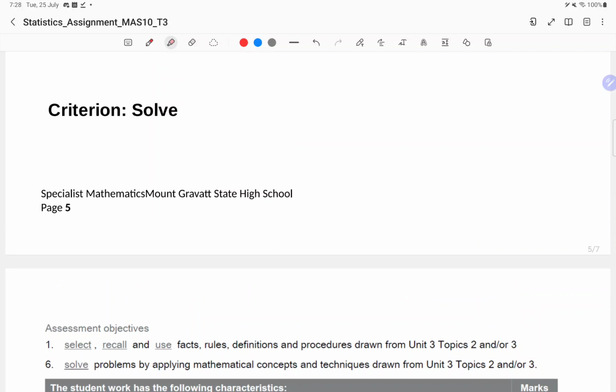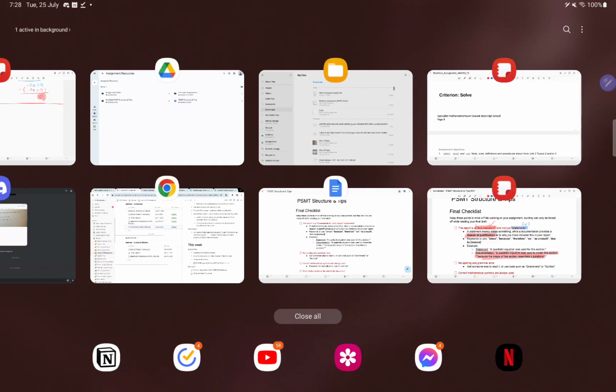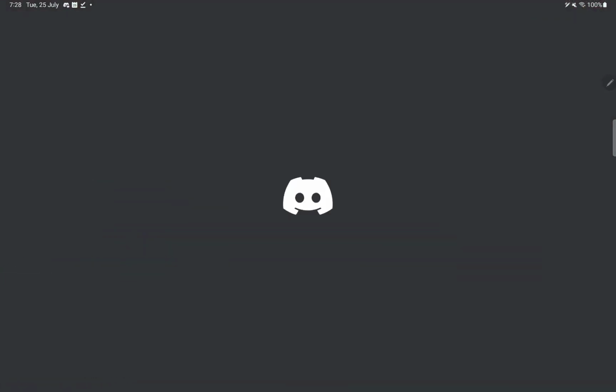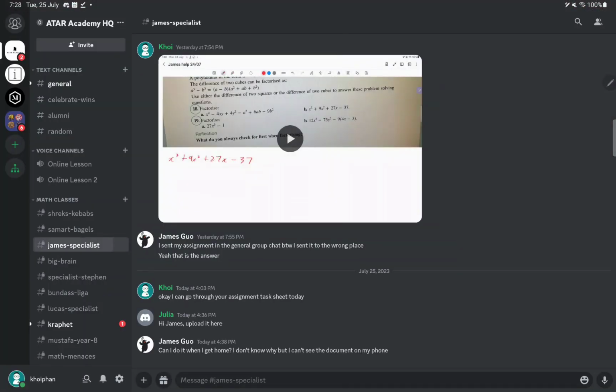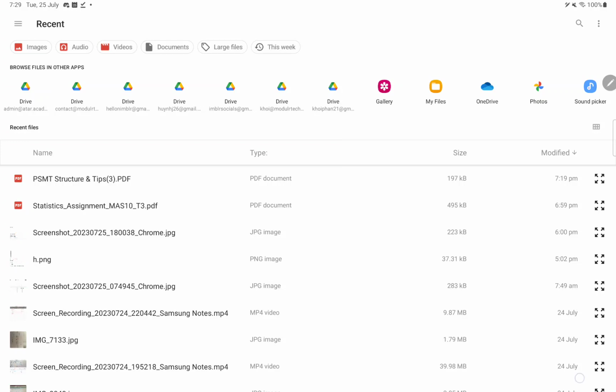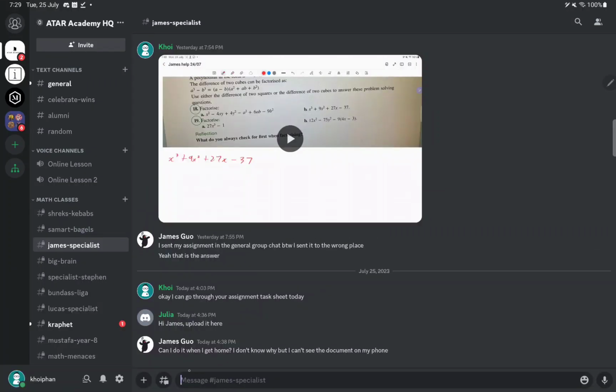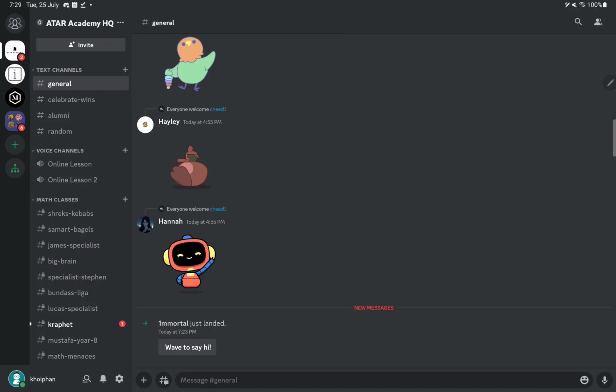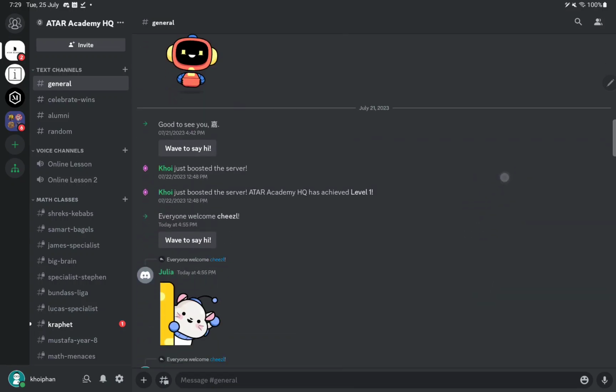How do I send files on Discord? I thought you sent. I thought I sent at the right place, but it was in general. I've got no idea. You just need to go to like James Specialist, press on the plus button here, and then you go file, and then you select whatever file. Oh, okay. So you have to go to the channel first, and then next to the messages, normally there's a button for add files or upload files or whatever. Yeah, but it must be in the main channel first. Okay, can you like delete or withdraw the thing I sent in general? I don't know why I can't see it anymore.